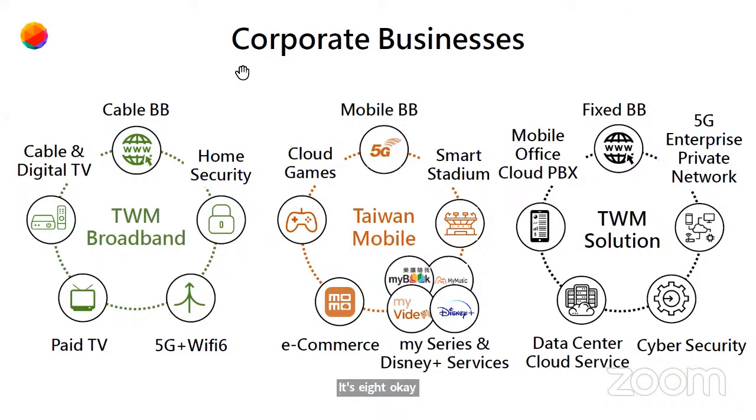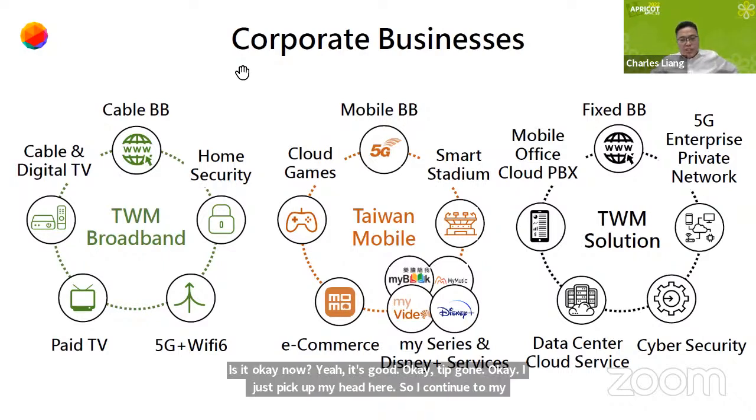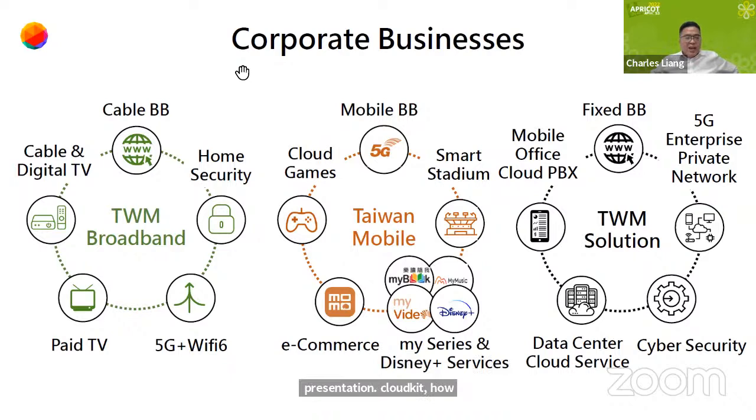Okay, I just take off my headphones. So I continue my presentation. Cloud game: Taiwan Mobile co-works with NVIDIA to provide the geopositional games, and co-works with Royal Games to provide the needs of Legion serious games. And Momo e-commerce.